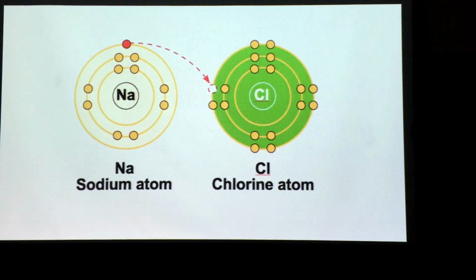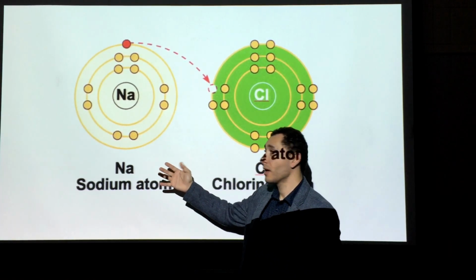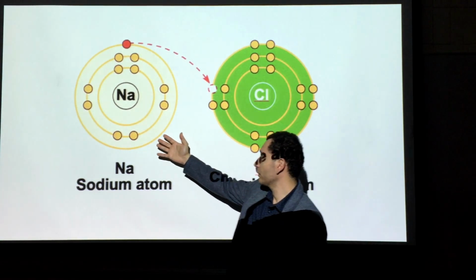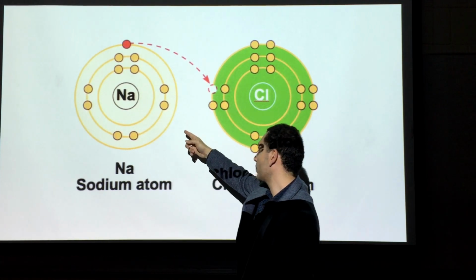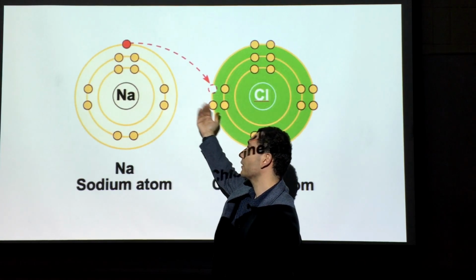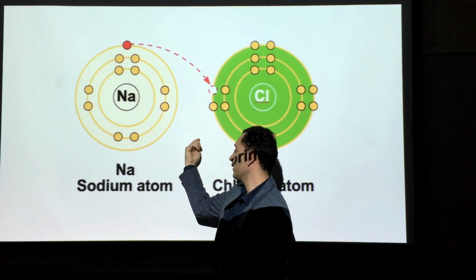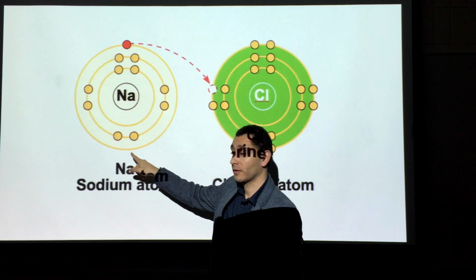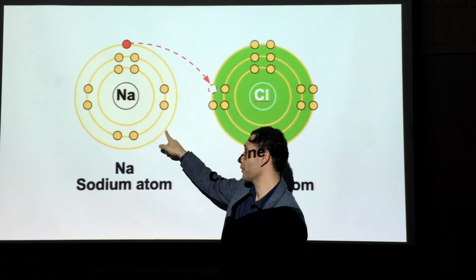Ionic. Ionic bonds don't occur by sharing but by completely giving away. Sodium doesn't want to share because it doesn't even want that one particular electron. It's way happier if it just gets rid of it completely, because then the outermost shell will be the second one, which will have 8, not a third one with just 1.